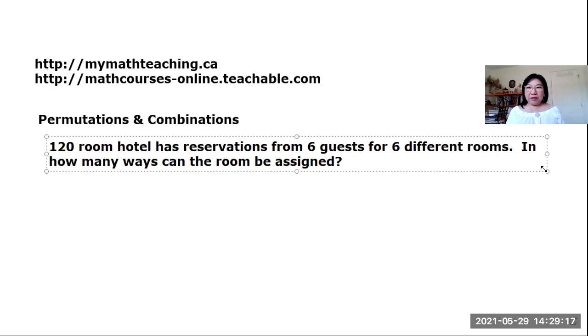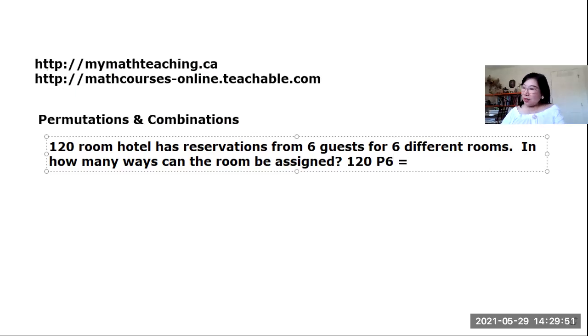So they are different and we have to count. So the first guest will have 120 choices to select the room. The second guest only has 119 left, and the third guest only has 118 left. So this is a permutation problem. And therefore, the answer will be 120P6. That's the answer.